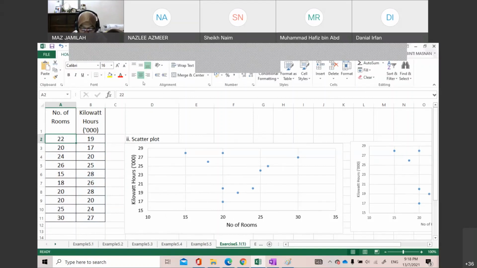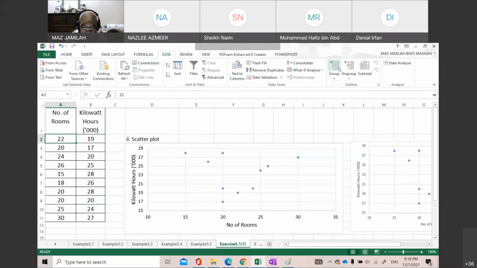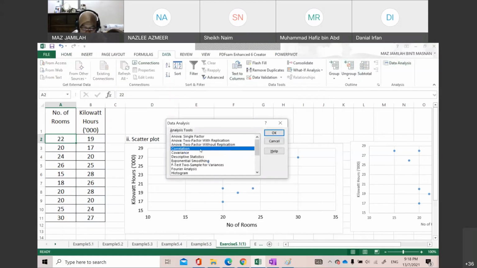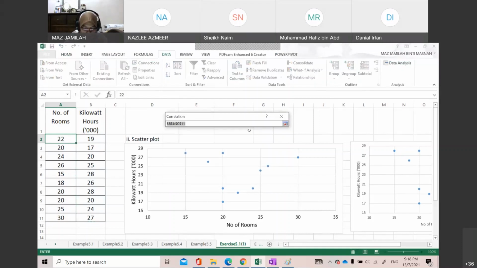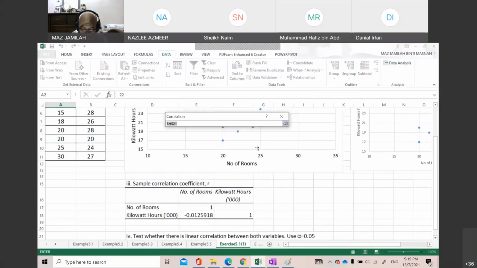Go to Data, go to Data Analysis, go to Correlation, click OK. And then highlight the values. Then go back to Grouped by Columns, Labels in First Row, and I want to put the output here. Click OK.